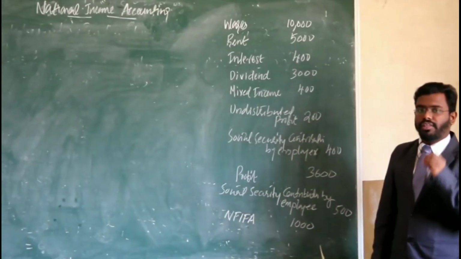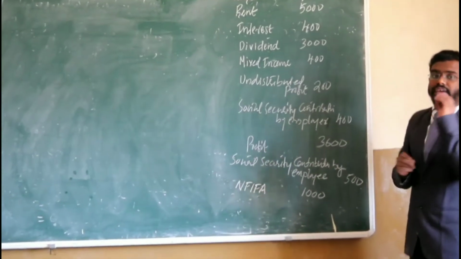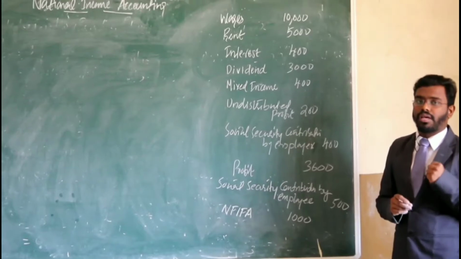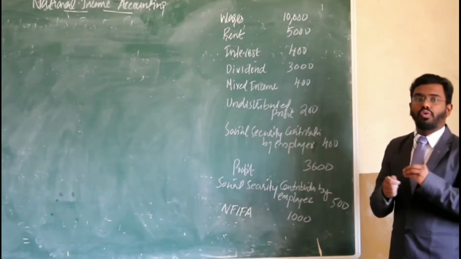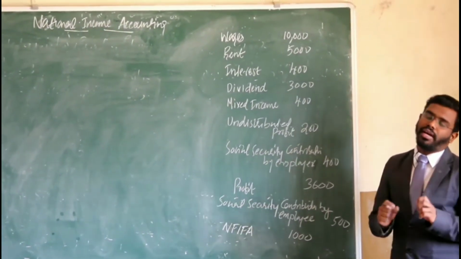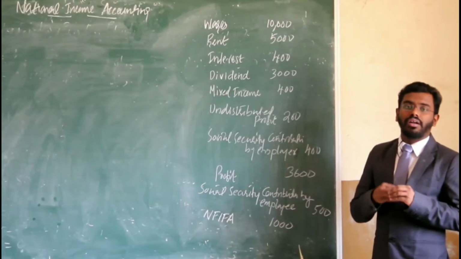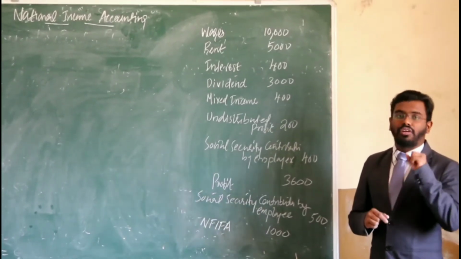Before solving the question, you have to read the question carefully two or three times, and you need to check which items are included in our calculation of national income and which are excluded from our calculation.